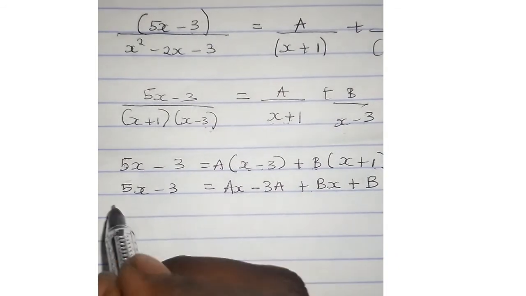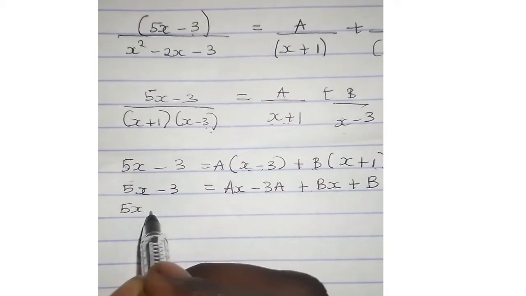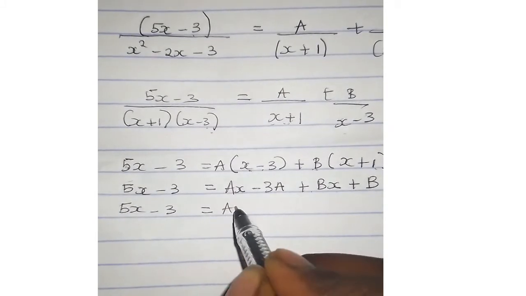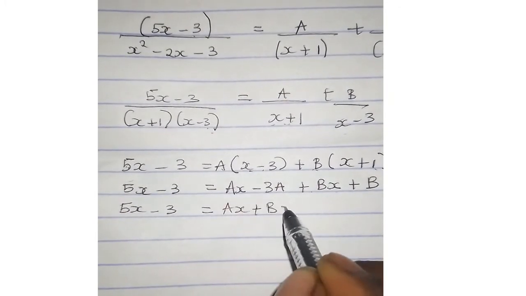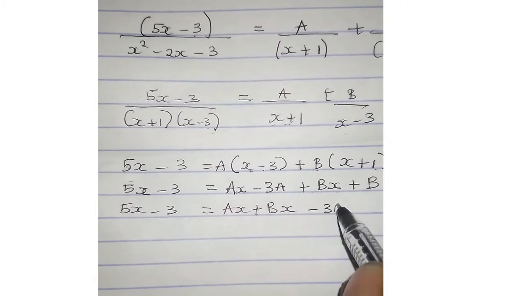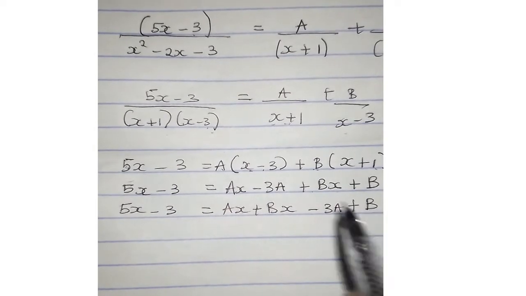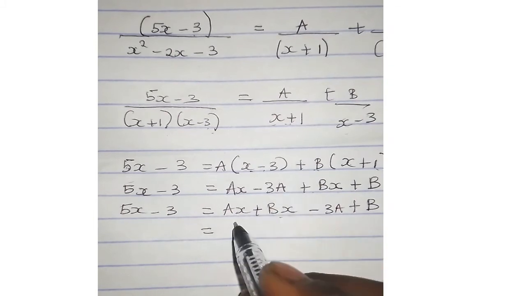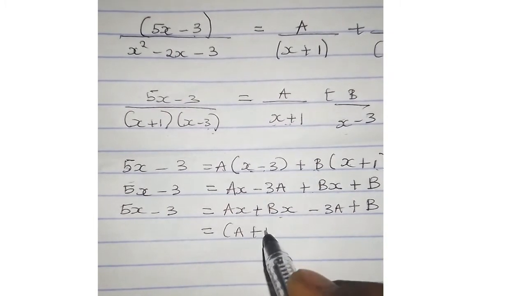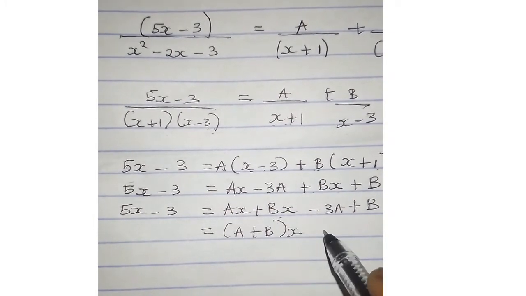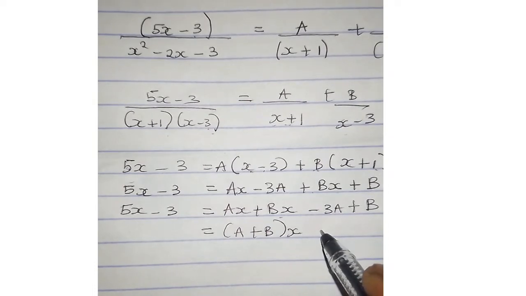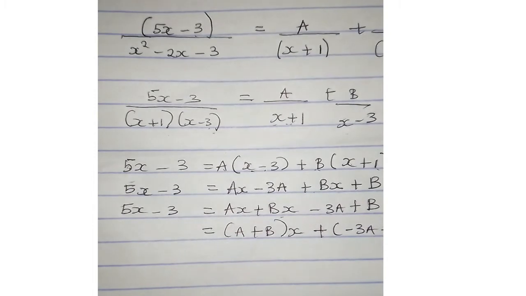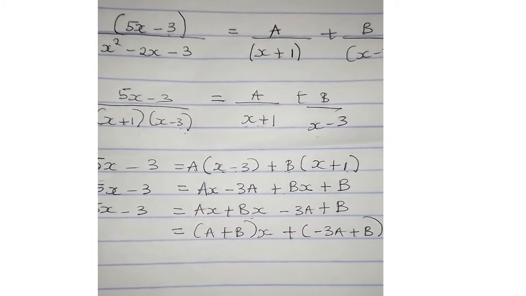So we're going to have 5x minus 3, which is equal to, collecting like terms, ax plus bx minus 3a plus b. Something is common between these two, which is x. So we're going to have (a plus b)x plus (minus 3a plus b). So the same thing, put into bracket form.